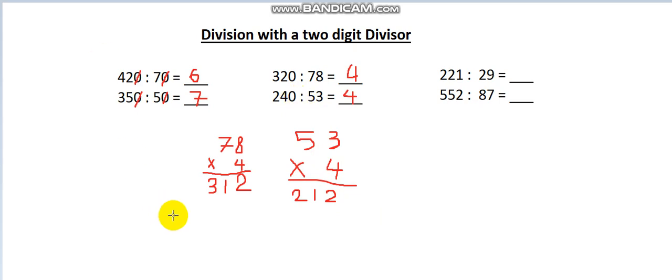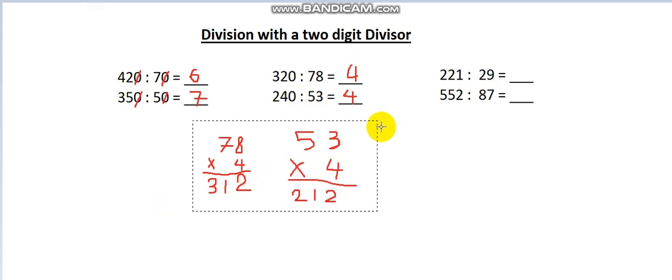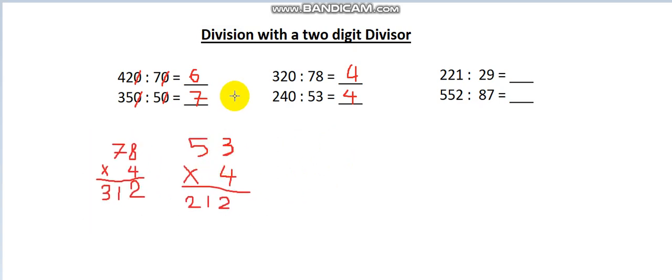The answer is no. I would surpass it. So, indeed, to the question, how many 53s can I fit into 240? The answer is 4. There is a remainder because I still need more to get from 212 to 240, but that is not the answer I'm trying to find. The question I'm trying to answer is, how many 53s can I fit into this 240?